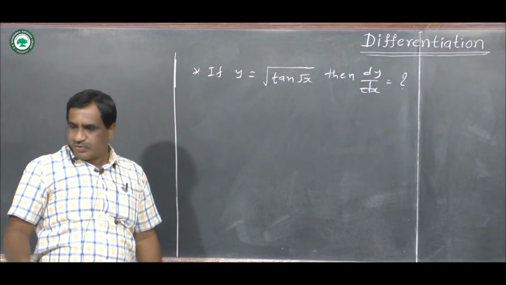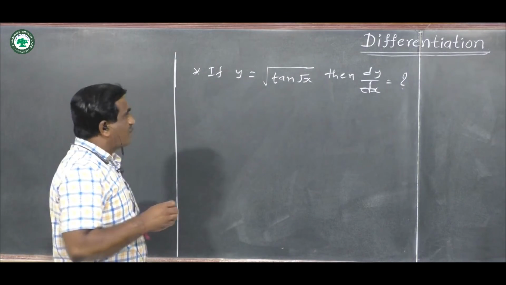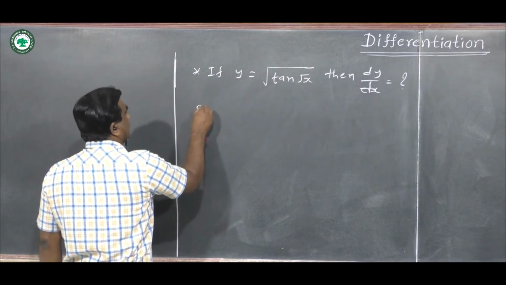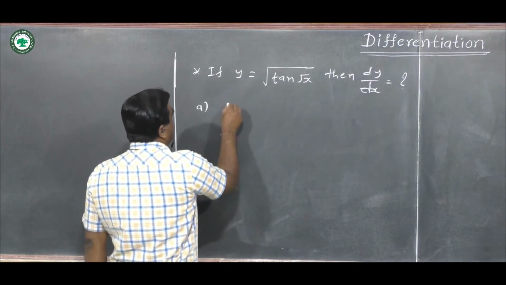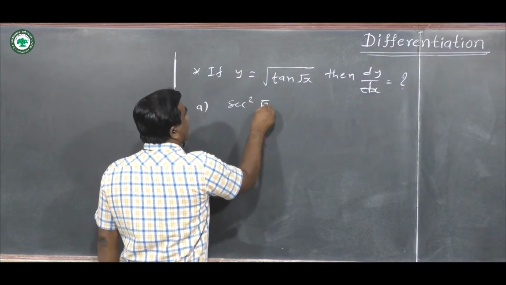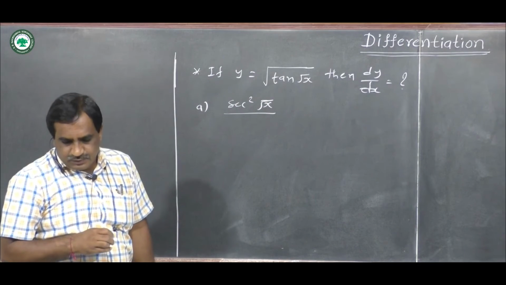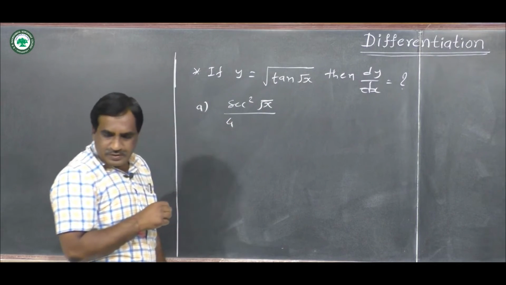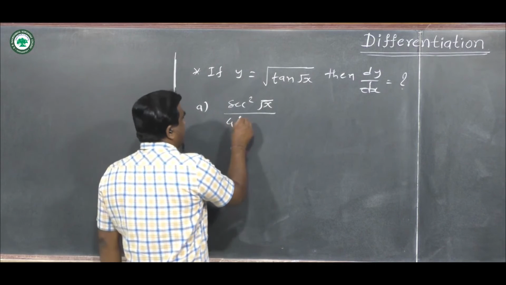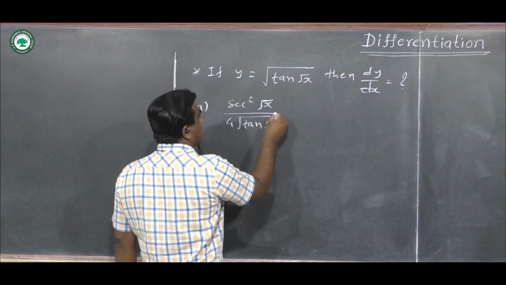Now we have options here. Option A: sec square of root x upon 4 into under root tan of root x.